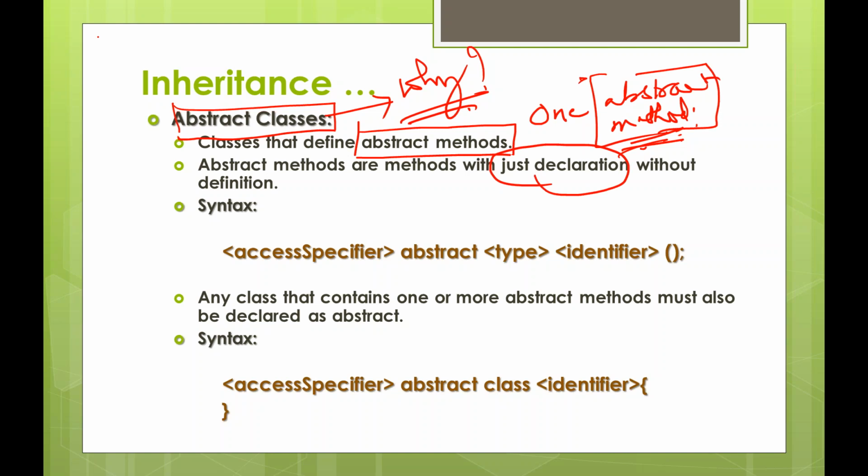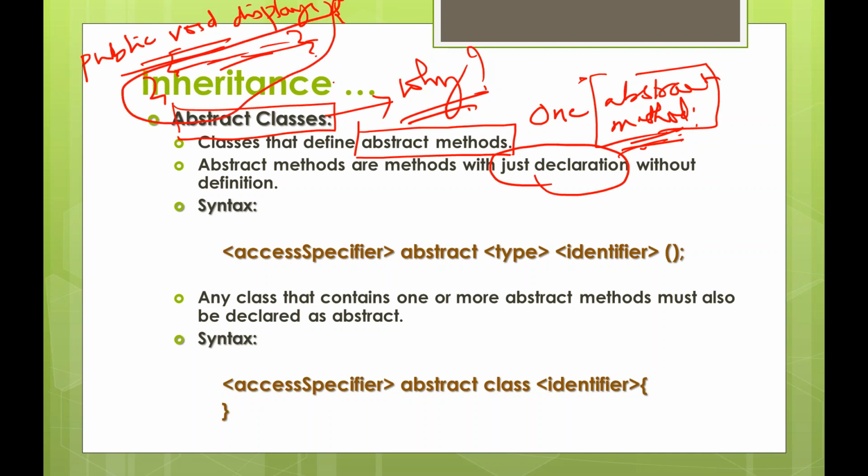For example, earlier we had a method, public void display. It had some definition within its body, but this is not an abstract method. The abstract method is the method which does not have a body associated with it.